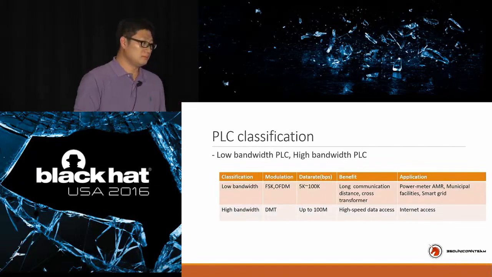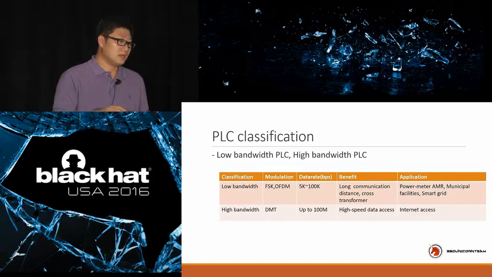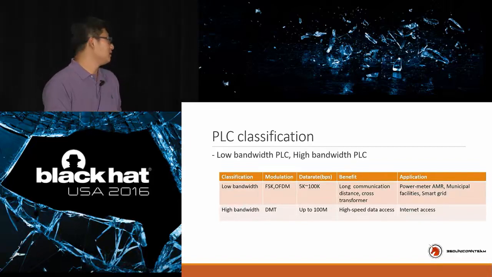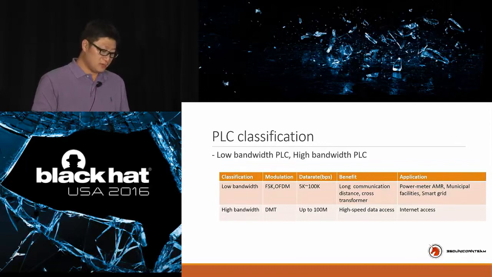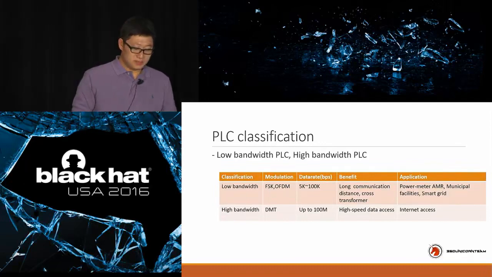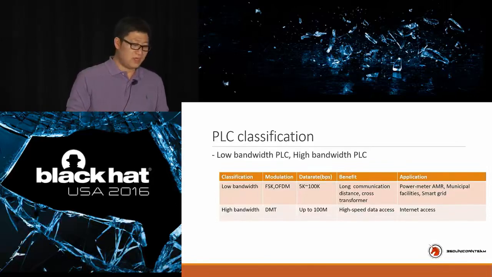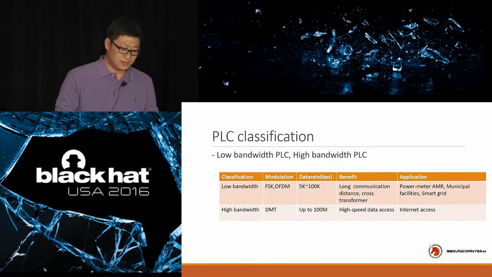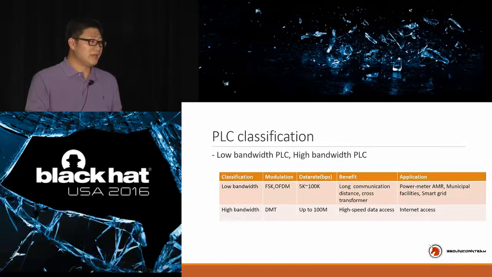According to the bandwidth, PLC is classified into narrowband PLC and wideband PLC. Wideband PLC uses DMT modulation. The communication data rate can reach 100 Mbps, but the communication distance is very short, so it is used for indoor internet access.